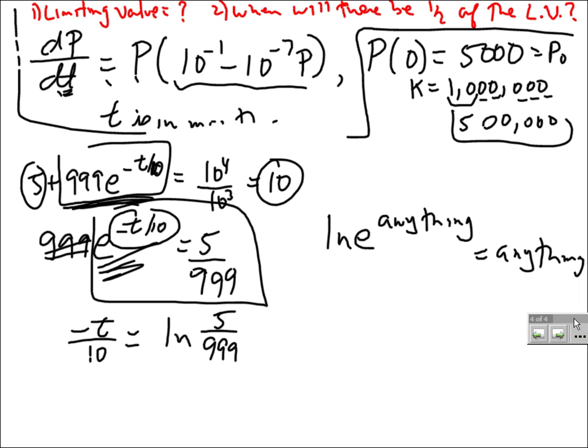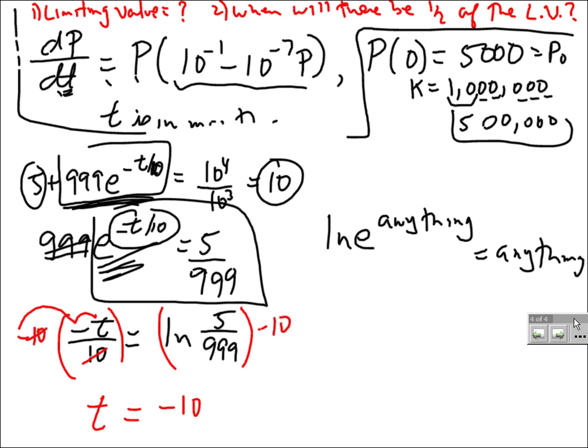That's what I get, ln of the right side. Now, I multiply by negative 10. The 10s cancel. Negative times t is t. On the right side, I have negative 10 times ln of 5 over 999.